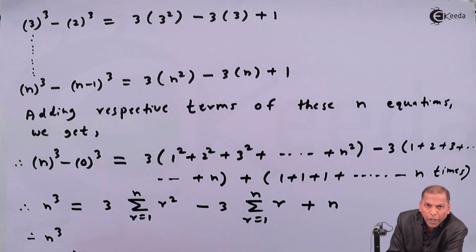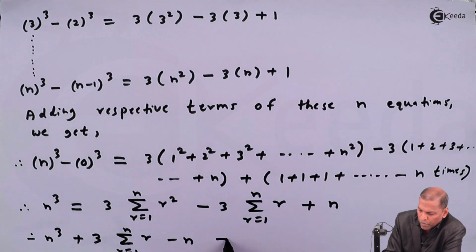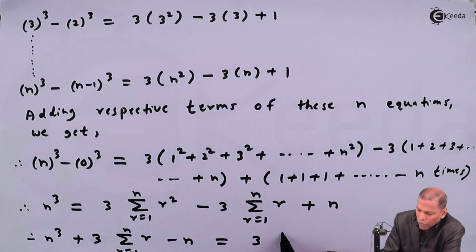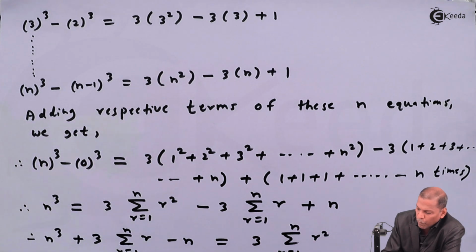Therefore n cube plus 3 summation r, r takes value 1 to n, minus n is equal to 3 into summation r square, r takes value 1 to n.